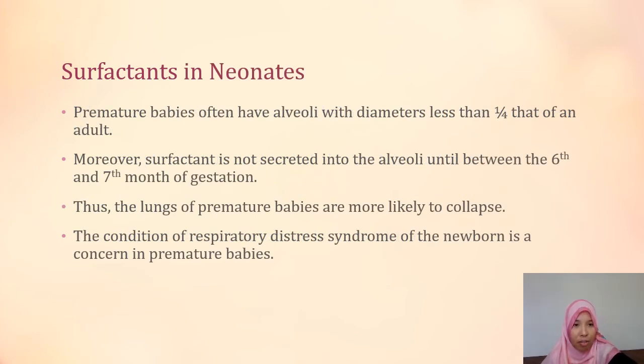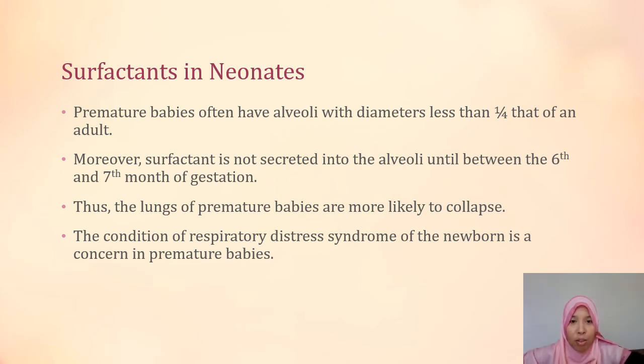Now, a little bit on surfactants in neonates. What you have to know is that premature babies often have alveoli with diameters less than a quarter that of an adult. We've talked about volume and pressure, and in my first video we talked about Boyle's law. Boyle's law states that if there is a higher volume, you have less pressure, and if you have a low volume, you have a higher pressure.